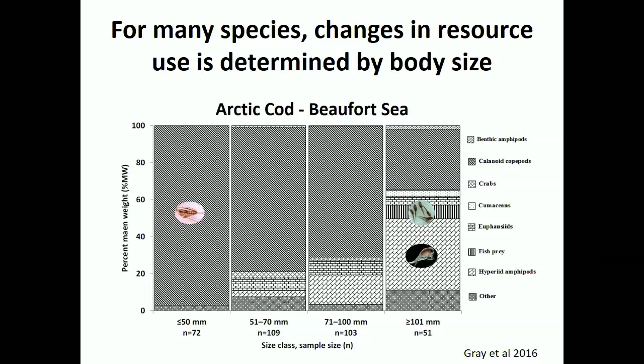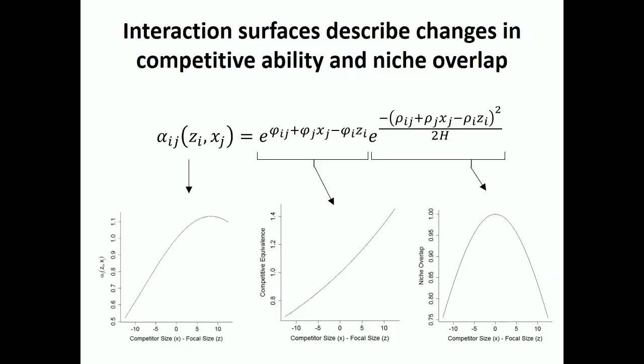This is an example from Arctic cod from the Beaufort Sea, where small individuals are feeding mostly on, it looks like, calanoid amphipods, but then their niche changes as they go through different stages of ontogeny. The key thing that we want to be able to capture is these niche changes both within species as they develop and between species, and how much their niches overlap through time.